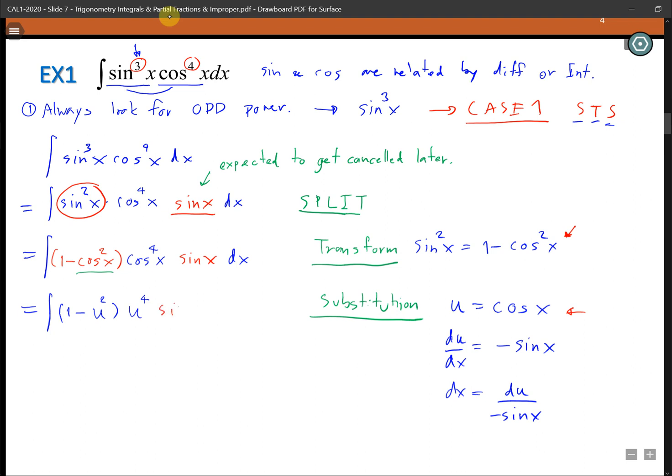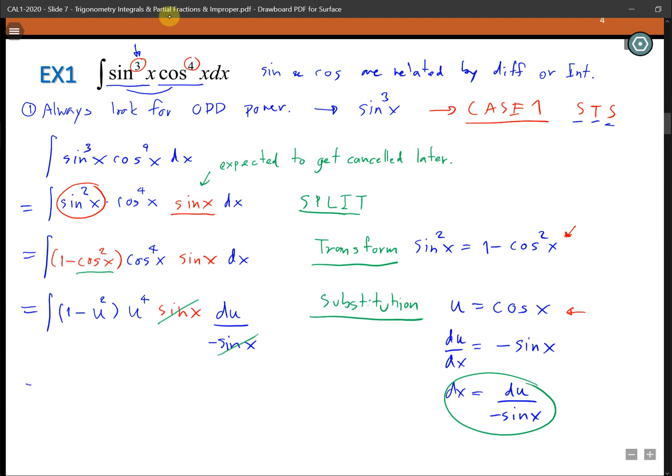Sine of x still there, but then we want to substitute dx, and we use this: dx equals du divided by minus sine of x. And as we expected from earlier, we can see that these can cancel each other very nicely. Okay, so we split it out for a reason. We split it out in order to get canceled later.